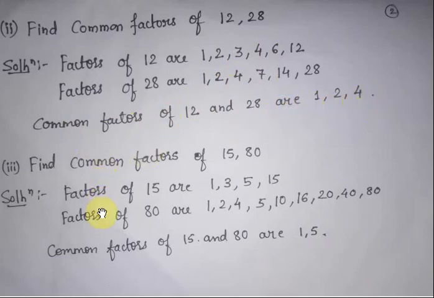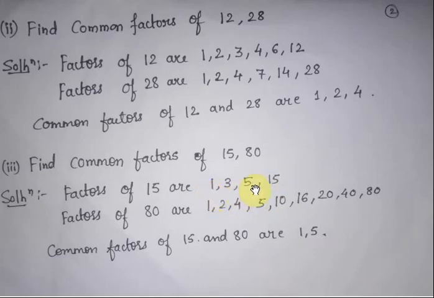Similarly, in the next example, we find the common factors of 15 and 18. The factors of 15 are 1, 3, 5 and 15, and the factors of 18 are 1, 2, 3, 6, 9 and 18. We look for the common factors between them. 1 is present here and here also. 3 is present here, but not in the other series. 5 is present in one series, and 15 is not in the other.